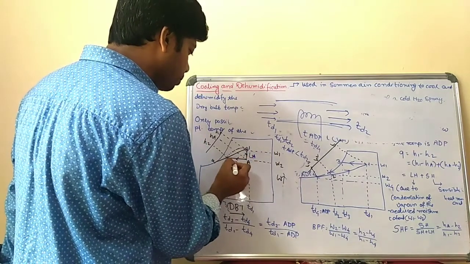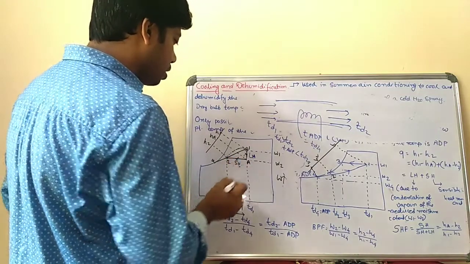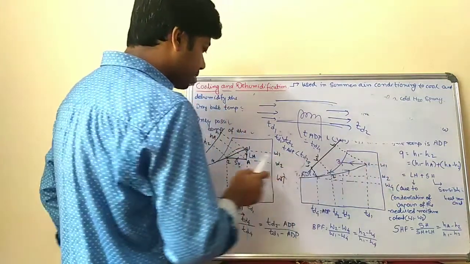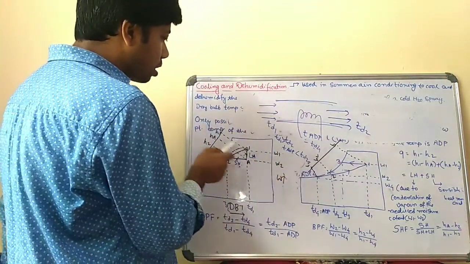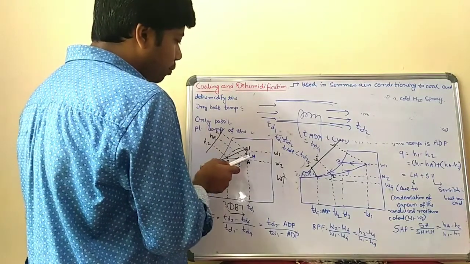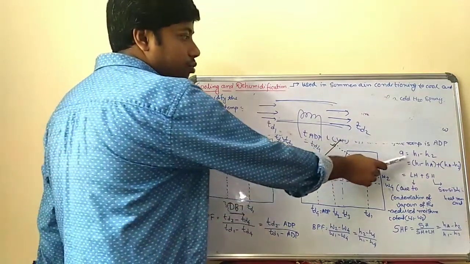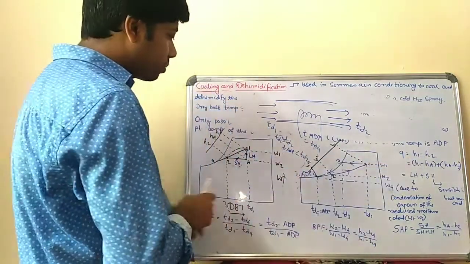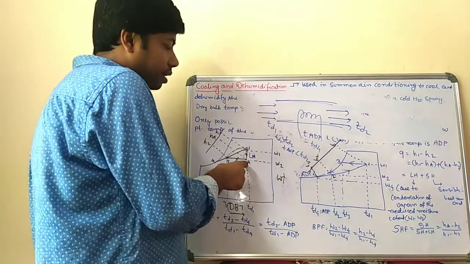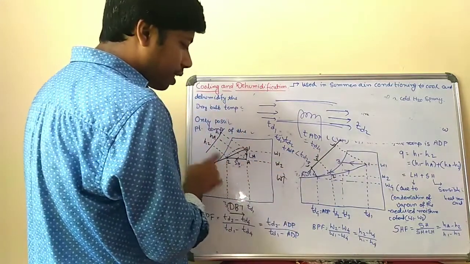So the total heat removed in this process, that is basically Q, is H1 minus H2, which is found from the psychrometric chart, corresponding to H1, this is the corresponding H2, and this corresponding point is HA. Now total heat rejected, Q is equal to H1 minus H2, that is nothing but H1 minus HA plus HA minus H2.